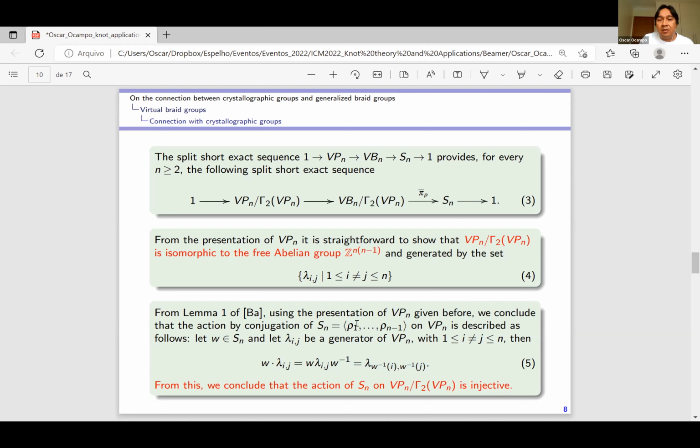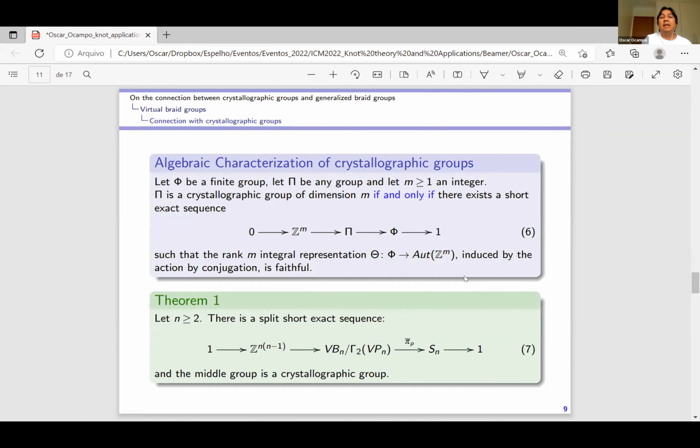Okay, and so it's completely clear that the action is injective, and so following the characterization of crystallographic groups, it's completely clear that we have this short exact sequence for virtual braid groups, and the middle group is a crystallographic group. Okay, so it is just to apply this characterization, and it is really very clear.